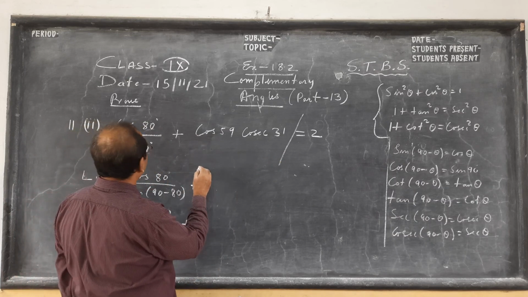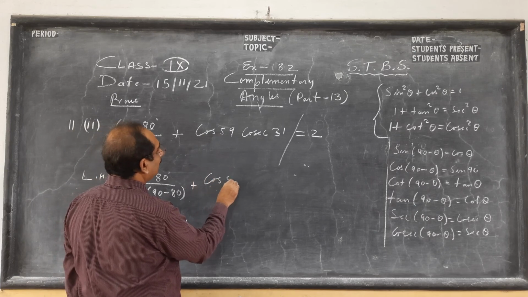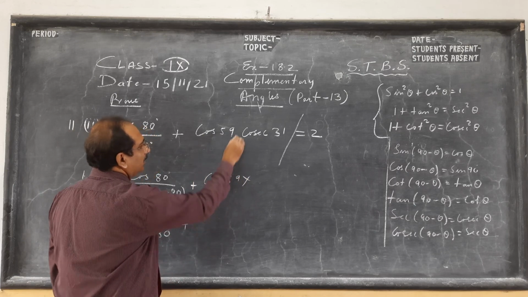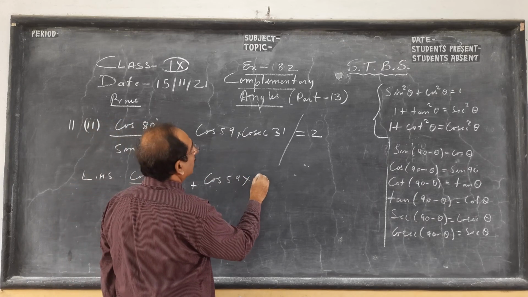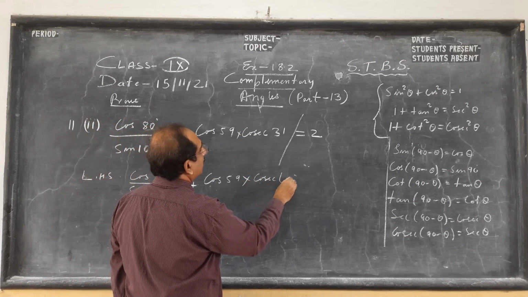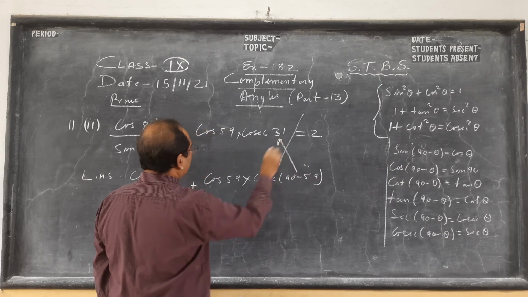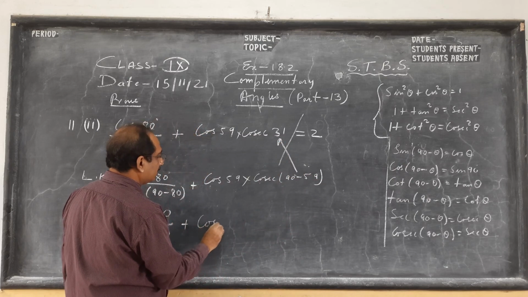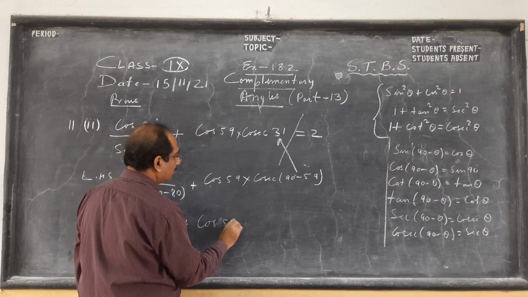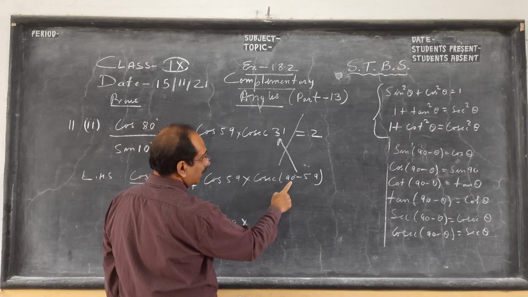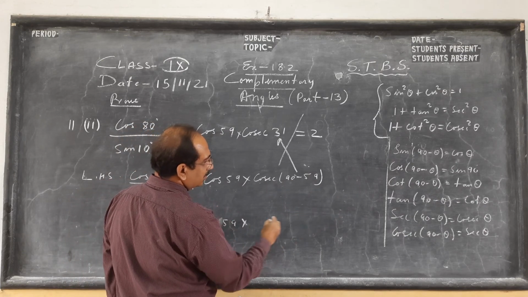Similarly here, cos 59, I let it be cos 59. Cosec I can write as cosec 90 minus 59, which gives 31. So cosec 31, cosec 90 minus theta, if you see, is sec theta.